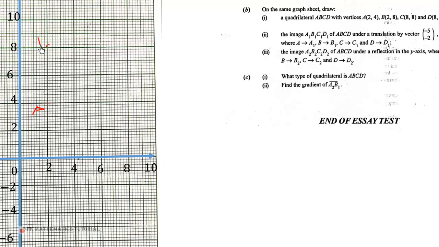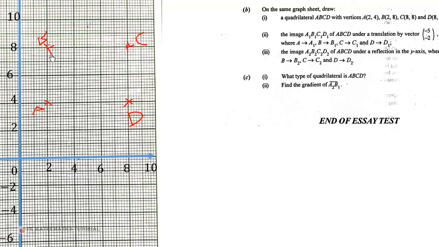So A will be here, B will be here, C will be 8, 8 is here. Then the final one is D at 8, 4. 8, 4 is somewhere here. So we have D, we have A here, we have B here.